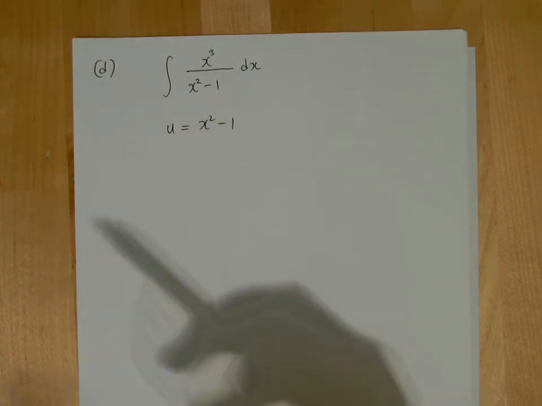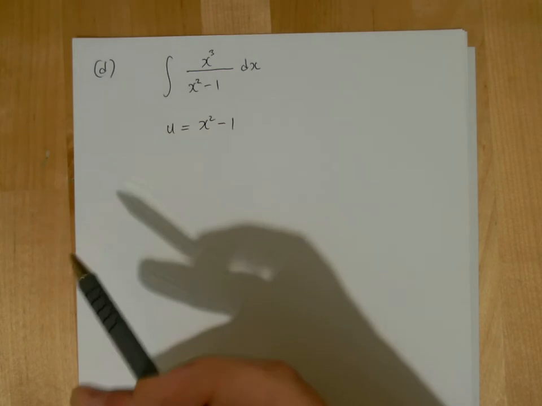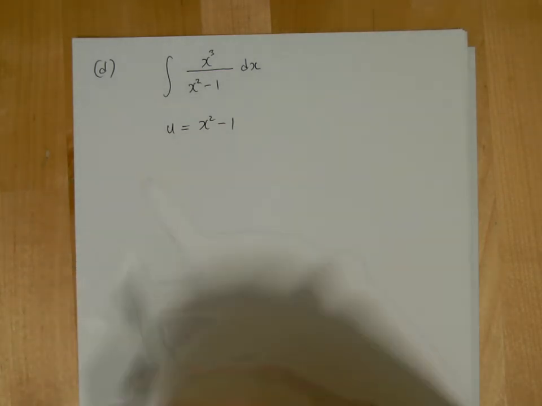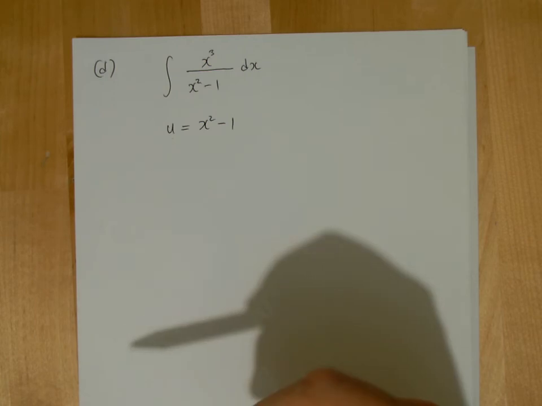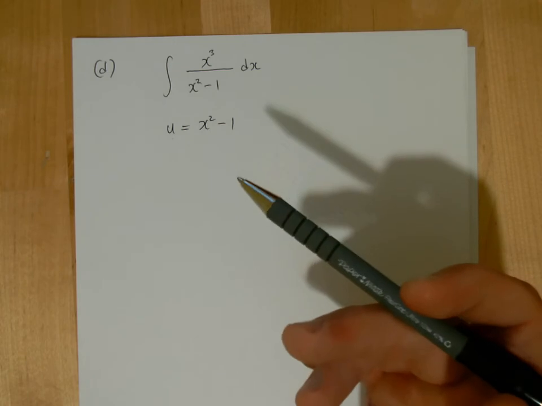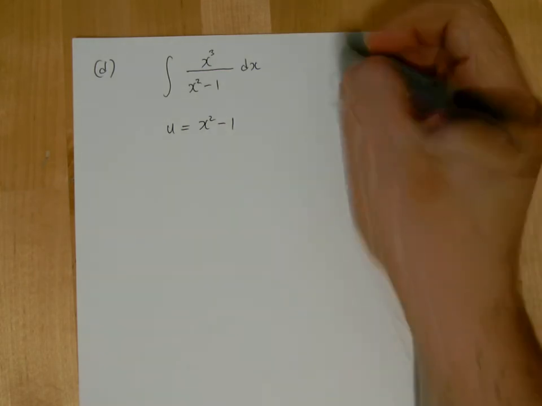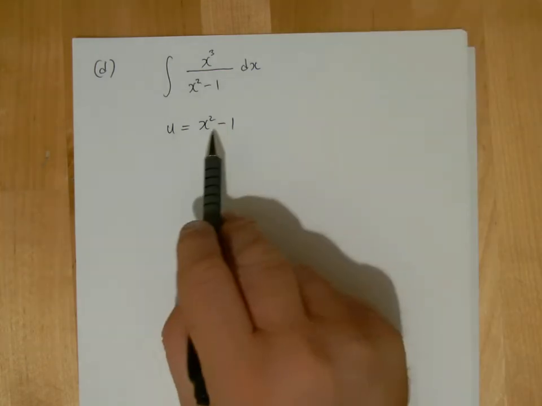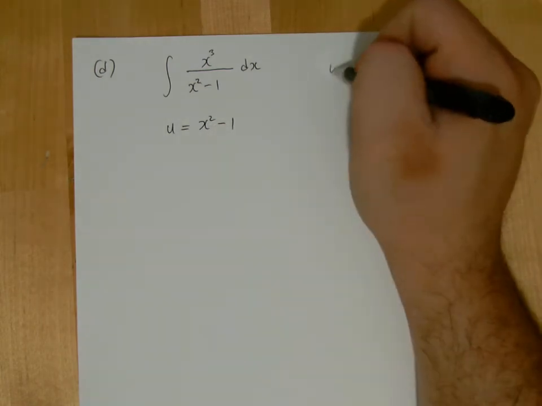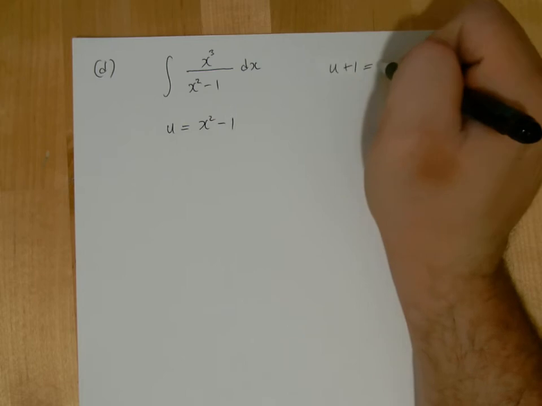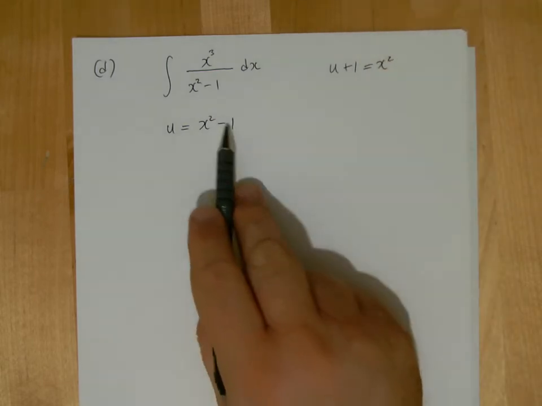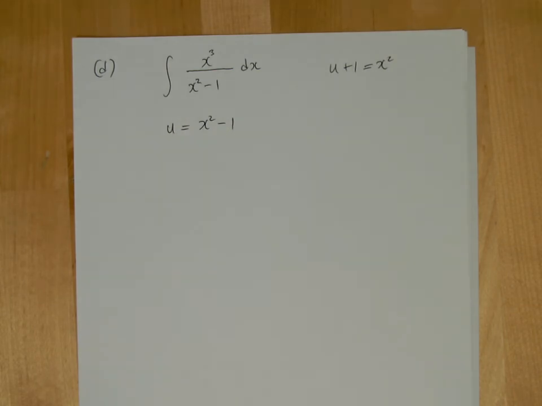Now if you try and do it, then it's going to be hard work, it's going to be laborious, and it's not going to look particularly nice, and you're going to go wrong, all right? So the temptation might be to think, oh, well, let's rewrite this as u plus 1 equals x squared, because I've got the minus 1, take it over, becomes plus 1.